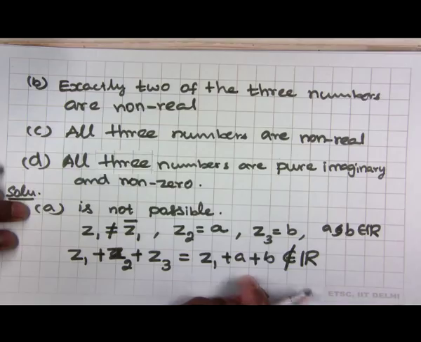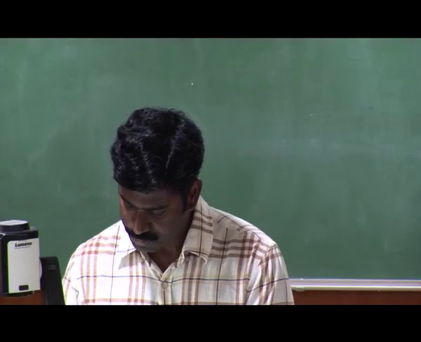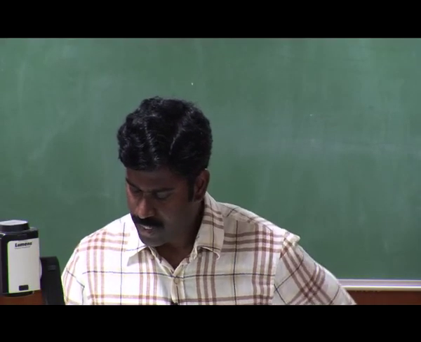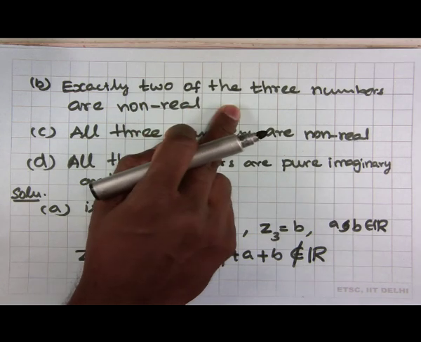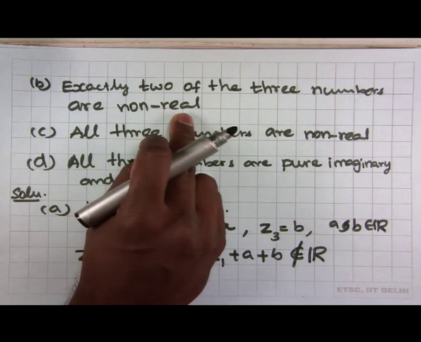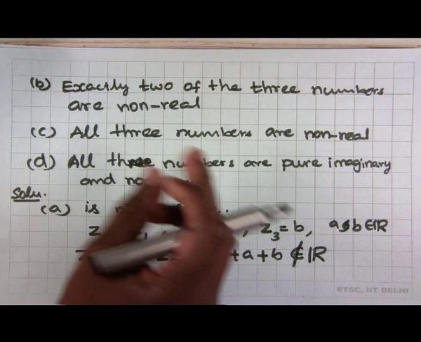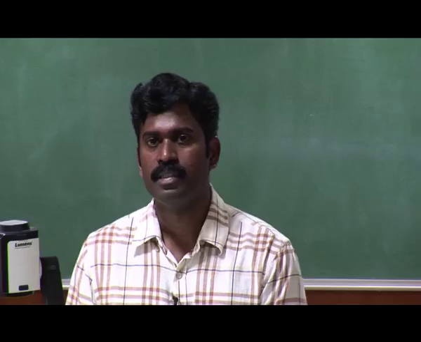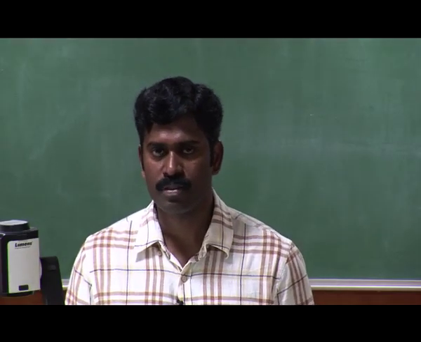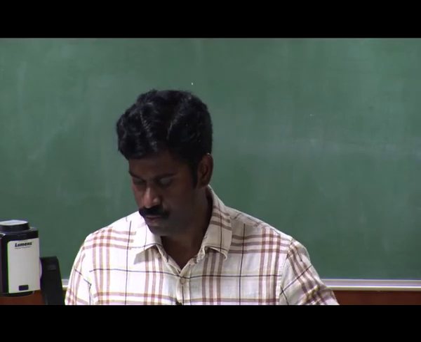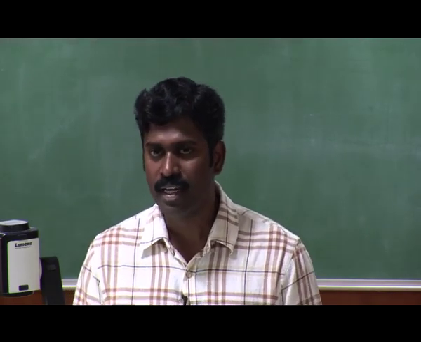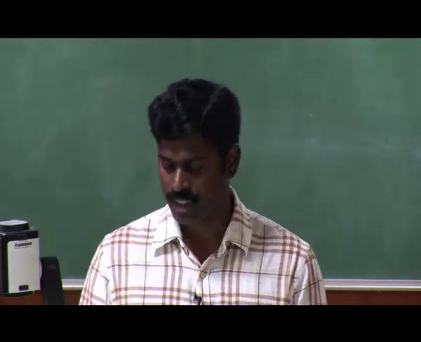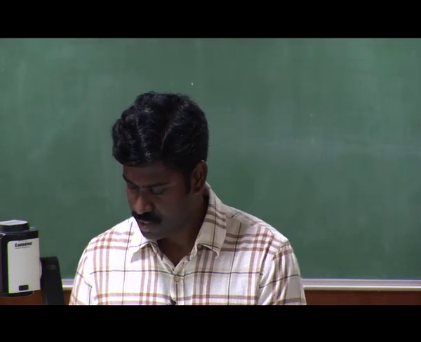Let us see the possibility of B. Exactly 2 of the 3 numbers are non-real. Okay. So, whether we could provide 2 pairs of complex numbers which together give a real number will satisfy our given condition. Let us see that.